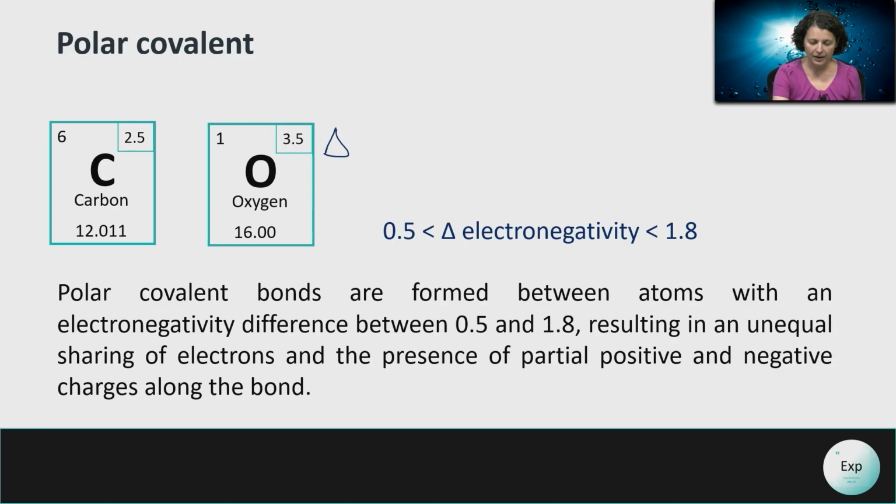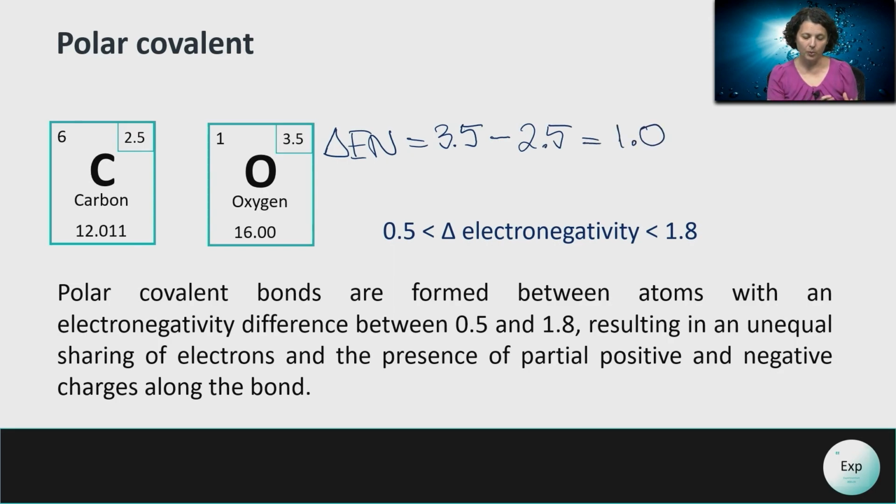If we are to calculate the electronegativity difference between the two of them, we can go in either direction because what matters is the absolute value of the difference. So 3.5 minus 2.5 gives us 1.0, which is in between the 0.5 and the 1.8 values. And it shows us that we have a polar covalent bond.